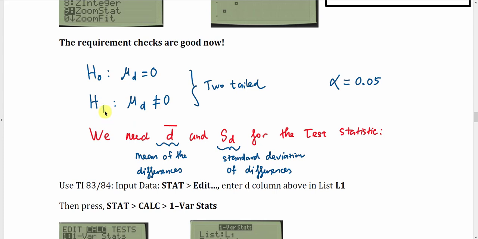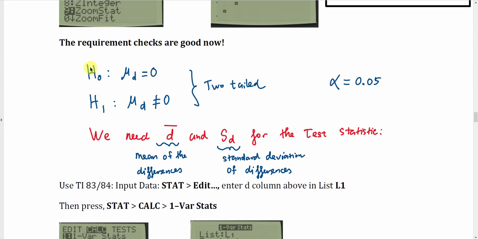That means we focus on this alternative hypothesis, that the mean of the differences should not be zero, or the prices should not be the same. If the prices are the same, then you should support the null hypothesis, because when you subtract two same things, they should end up with zero.